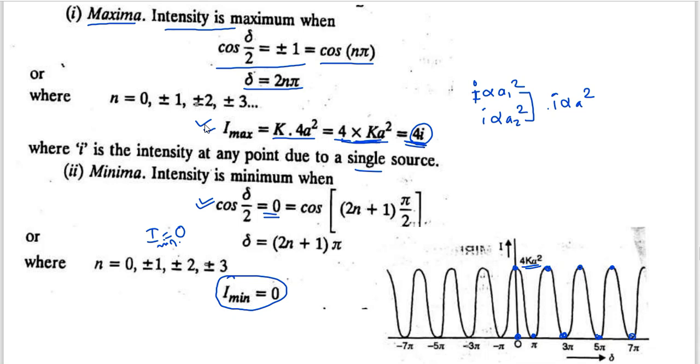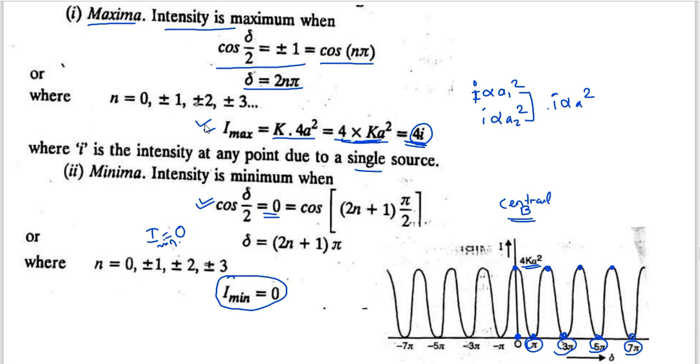Remember one thing: the center O is called the central bright. At pi, this is called the first dark. 3 pi is the second dark, 5 pi the third dark, 7 pi the fourth dark.